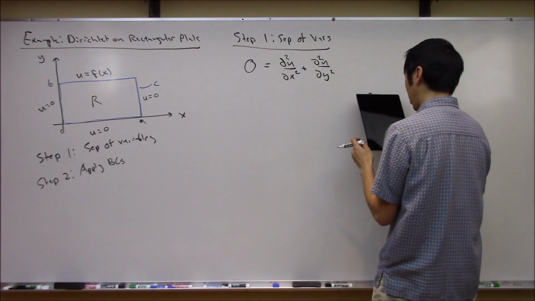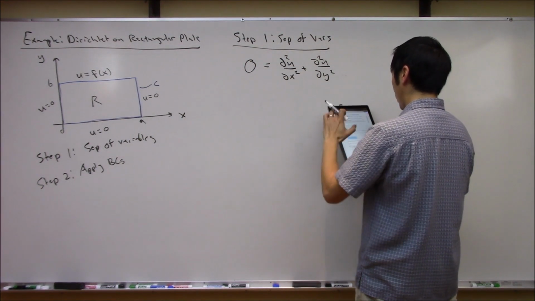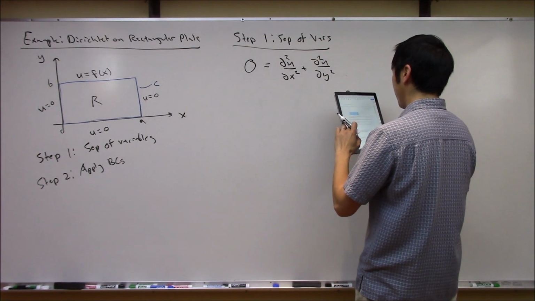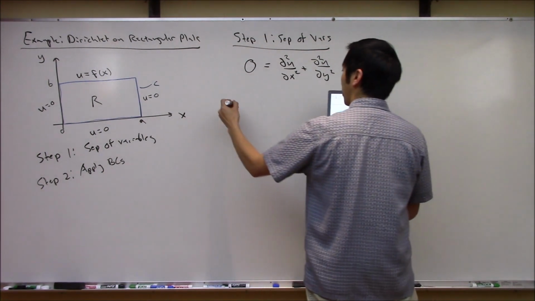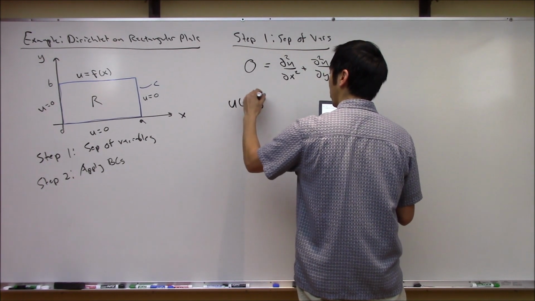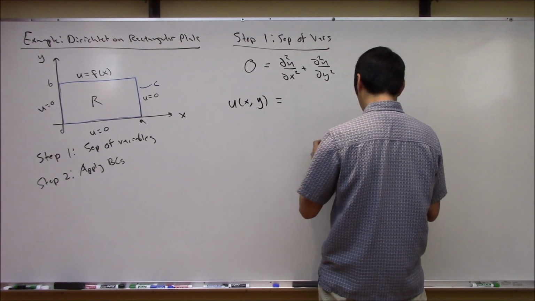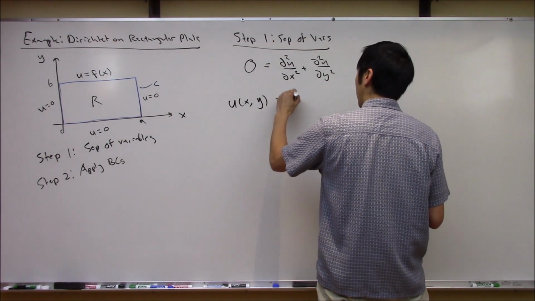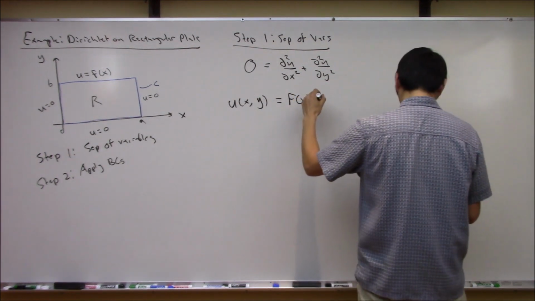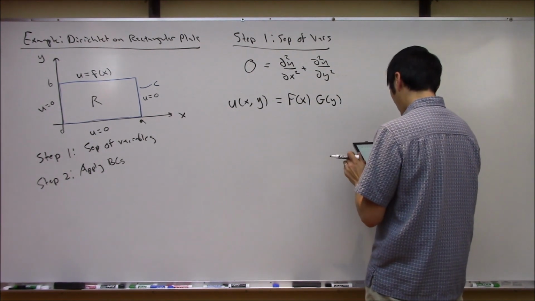Whoopsie, sorry, I just turned off the screen on my left. All right, we're back. Separation of variables says let's consider that the temperature distribution, which is now a function of x and y only, is the product of an x spatial function, f of x, and a g of y spatial function.